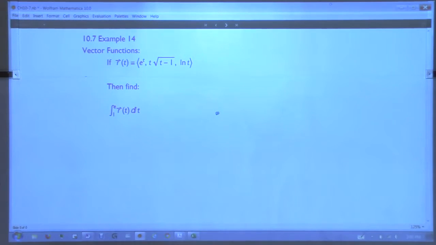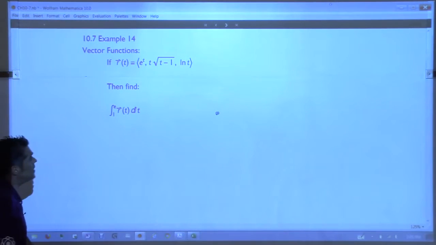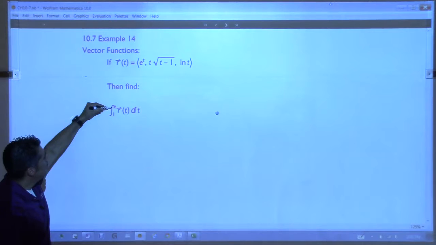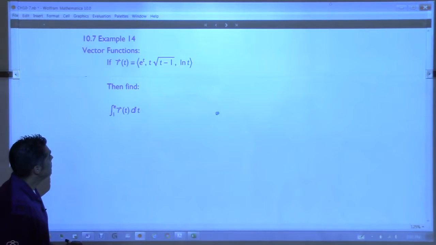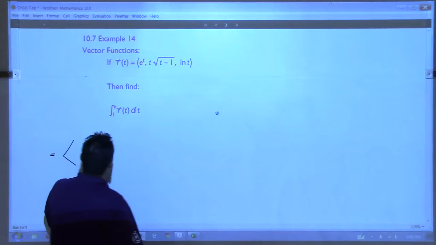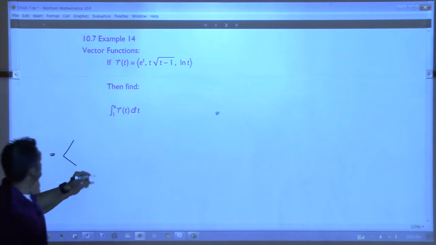So we'll just do a quick example. Let's evaluate this definite integral for this vector function r of t. We want the integral from 1 to e of r of t dt. To do this, we're going to do three separate integrals.